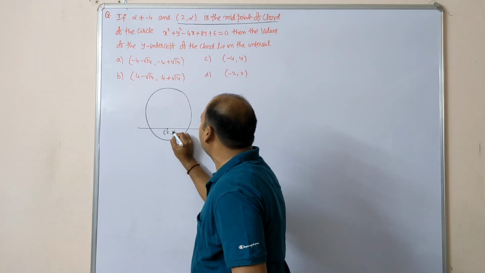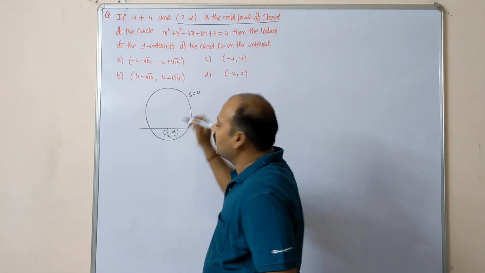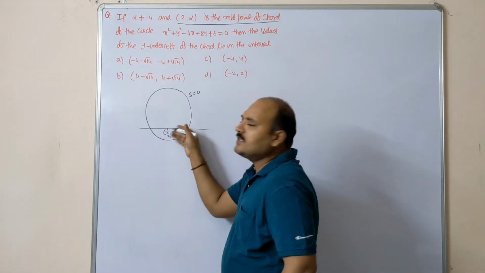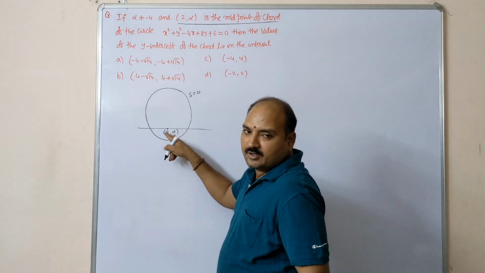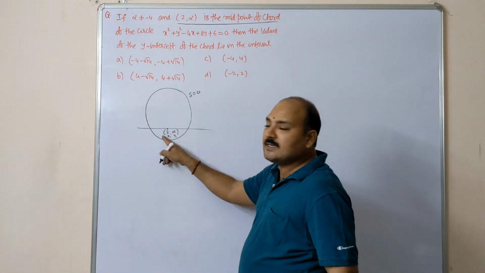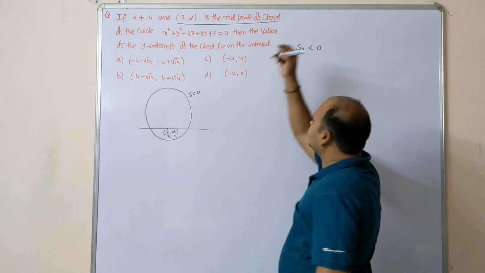This is (x1, y1). S is equal to 0 circle. By observing, this point P is inside the circle only, no? Of course it is the midpoint of the chord, but the point is inside the circle. When the point is inside the circle, S11 is less than 0, dear students.